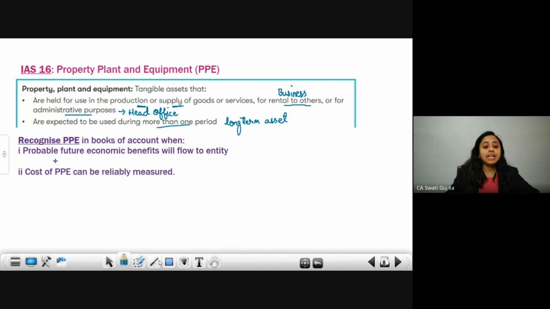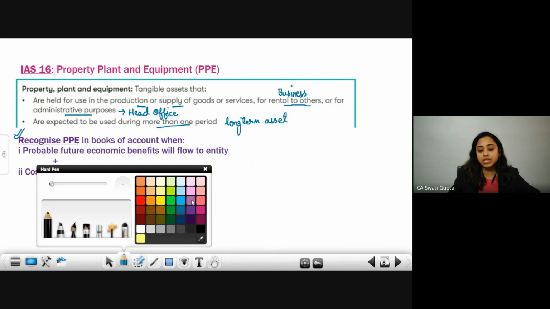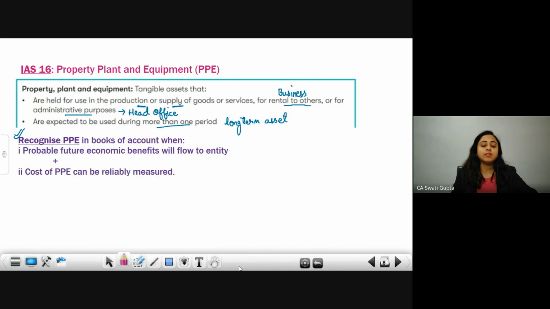Now, recognition criteria. What is recognition criteria? Recognition criteria means when will you record the asset in the books. Whereas derecognition criteria means when will you remove it from the assets. Recognition simply means passing a journal entry and recording the asset in the books of account.